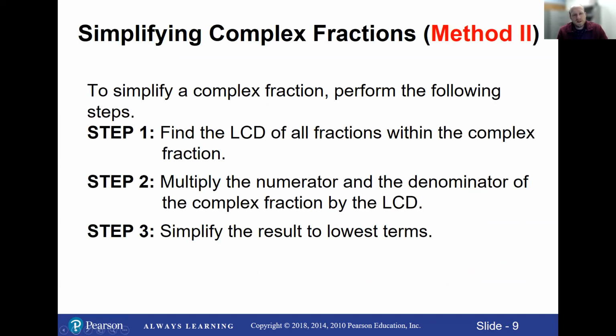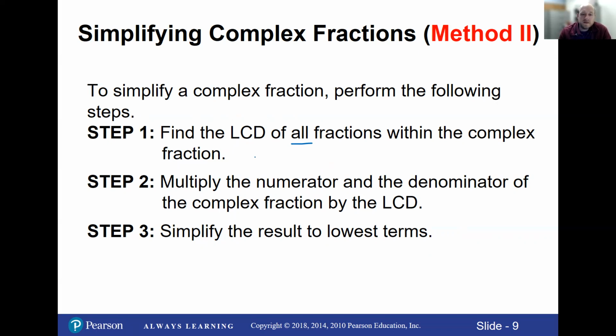Now I'm going to show you method 2 for simplifying these complex fractions. The second method is to first find the LCD of all of the fractions within the complex fraction, and then multiply the numerator and the denominator of the complex fraction by the LCD.